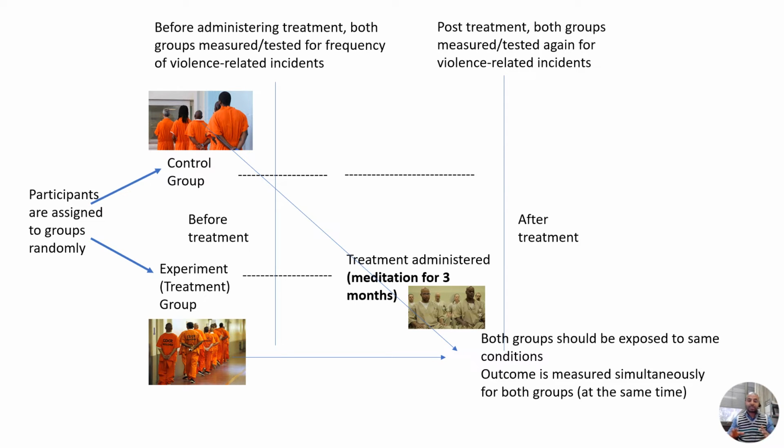There should not be any other factors creeping in which can be related to a lesser or more violence related incident. So you are studying the effect of meditation on the frequency of violence related incidents, and that is the only study that should be highlighted. The findings should relate to that, not to any other factor. I will talk more about this as we proceed in the slides.